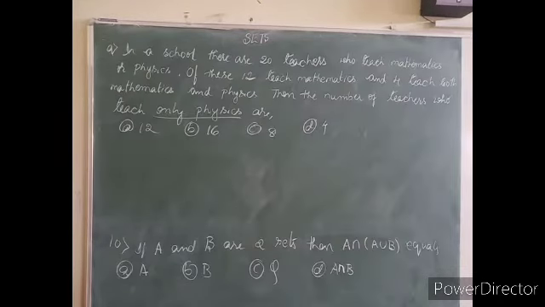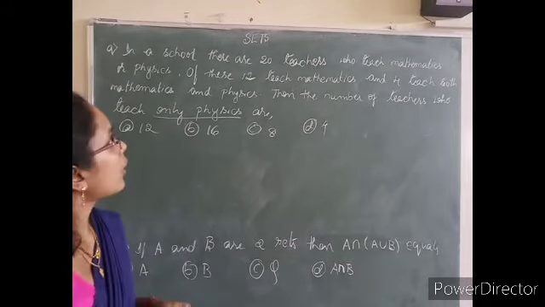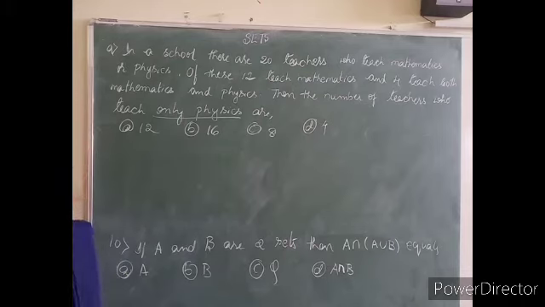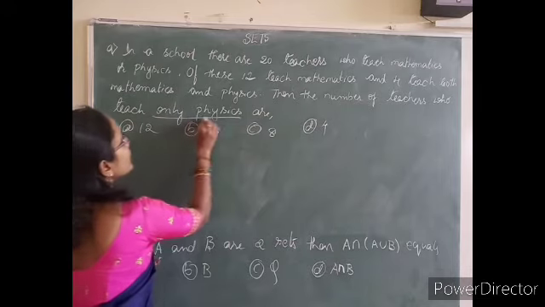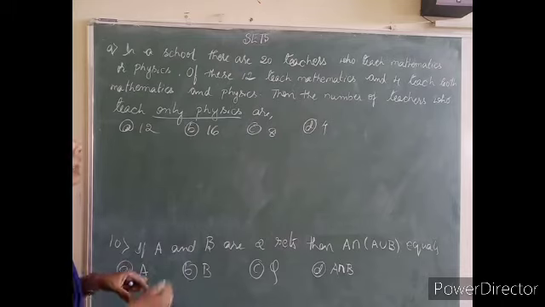In a school, there are 20 teachers who teach mathematics or physics. Of these, 12 teach mathematics and 4 teach both mathematics and physics. Then the number of teachers who teach only physics are. So first collect the given data. In a school, there are 20 teachers.